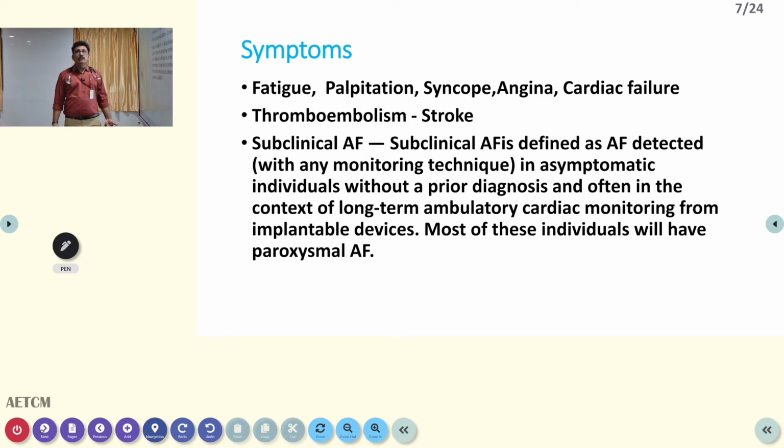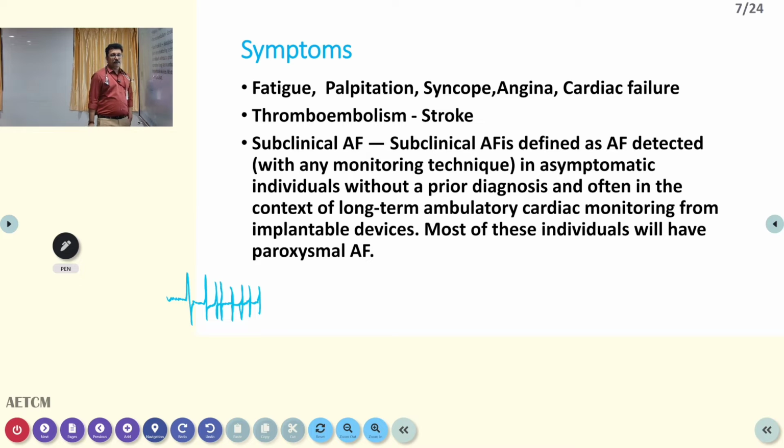Without any cause, if the patient develops atrial fibrillation with a CHADS-VASc score of 0, then it is lone atrial fibrillation. Now, what are the symptoms? The most important thing, as we have already seen, is that the atria beat very fast and the ventricle also beats very fast, but irregularly. The problem is that the ventricle is not getting good diastolic time.